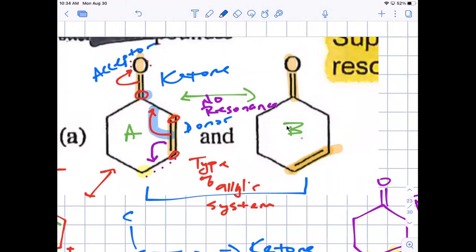Because, again, we go back to the octet rule. I have to always keep the octet rule in mind, so my resonance forms have to be legitimate. And B is not a legitimate resonance form from A, because the carbon at the bottom right here will have too many bonds to it, and it will violate the octet rule.